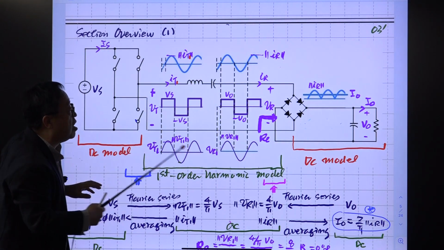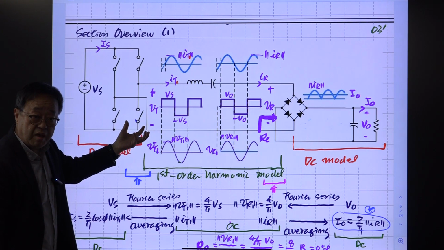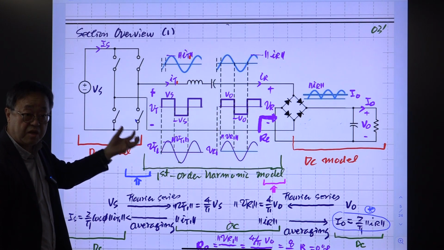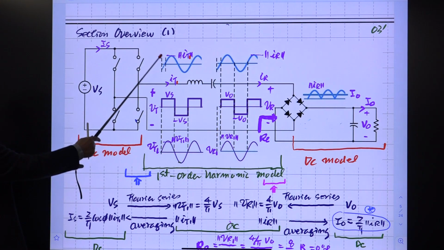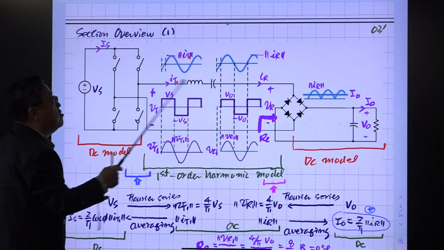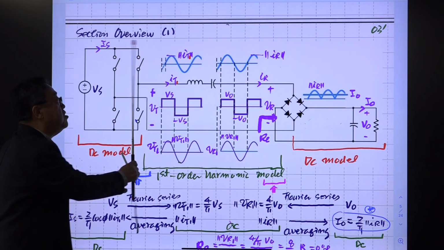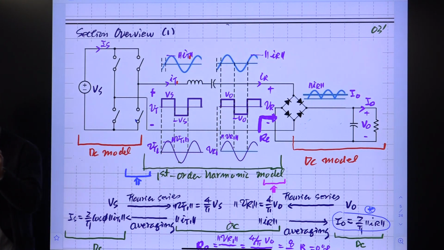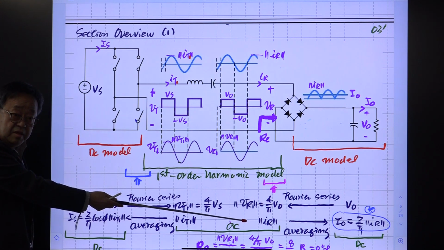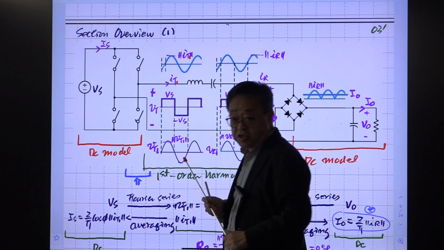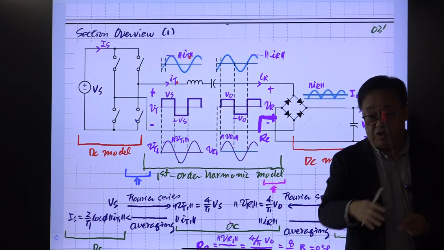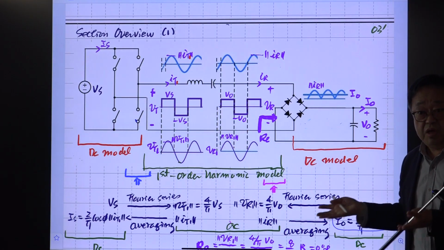Then all of these are an AC network, sinusoidal waveforms at the fundamental frequency of the switching frequency. Everything in here is just an AC circuit excited by an AC signal. So this is the first order harmonic model. The model itself is an approximation because we assumed everything in here is just at the first harmonic frequency.